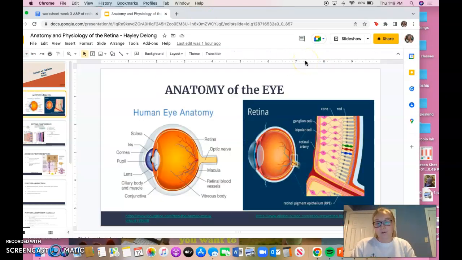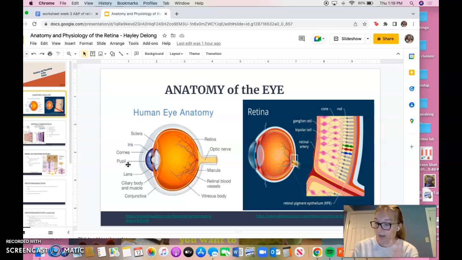In the first slide, I'm going to be discussing a little bit about the anatomy of the eye. So here you can see the anatomy. First off, the light is going to enter the eye and go through the cornea and the lens, also through the pupil, which I'll talk about a little bit later.